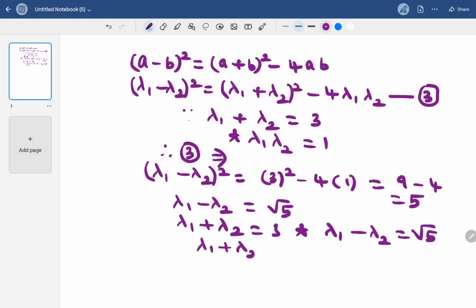Lambda 1 plus lambda 2 equal to 3, lambda 1 minus lambda 2 equal to root 5.